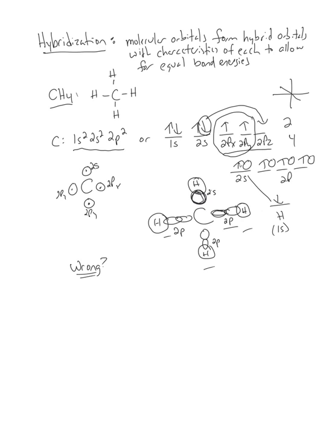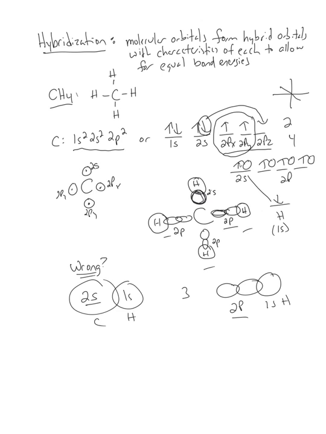Well, what we have is an overlap of a 2s orbital with the hydrogen 1s orbital. And then we have 3 where we have p orbitals overlapped with the 1s of hydrogen. We know that because we fill 2s before 2p, the 2s orbital has a different energy than a 2p orbital.